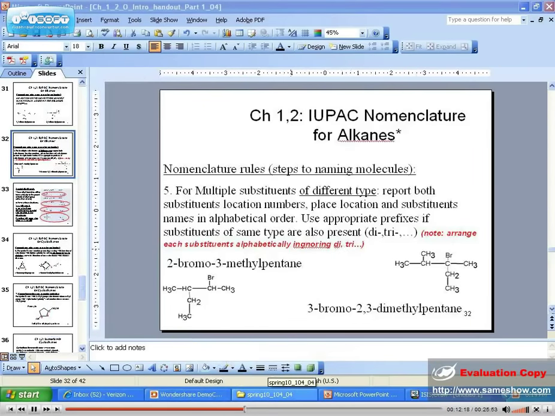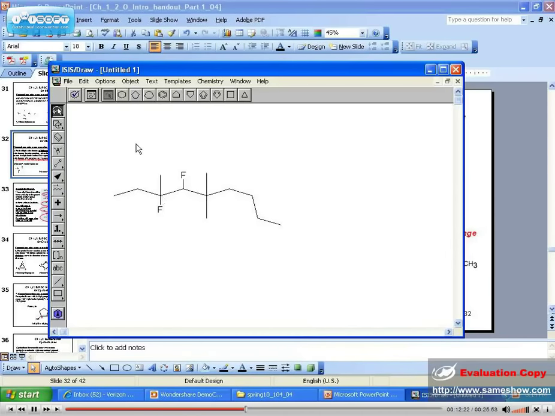Okay. Let's go ahead and see an example. In this hydrocarbon derivative, we have a fluorine and a fluorine. These are the same type, so they would be di. Here we have a methyl, methyl, and methyl. So then we'd have a trimethyl. And then following my cursor, here we have the parent chain.